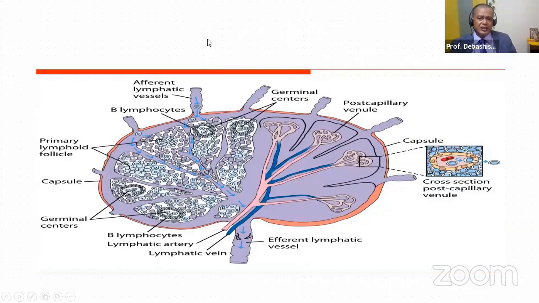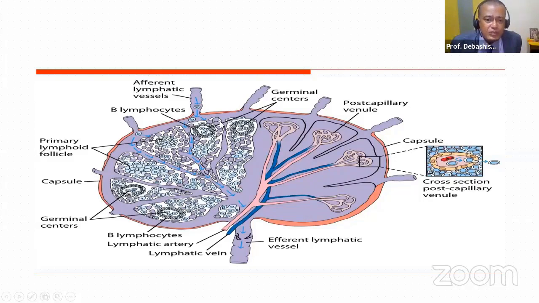The same thing is shown here. You can see you have afferent lymphatic vessels, efferent lymphatic vessels, the lymphatic artery, lymphatic vein, and the post capillary venule, which has been expanded and shown here.